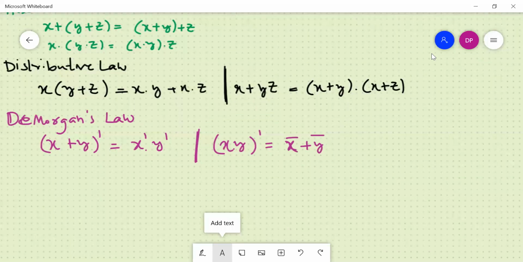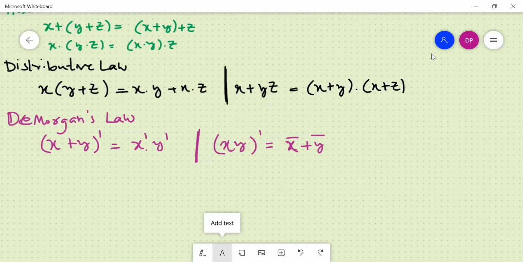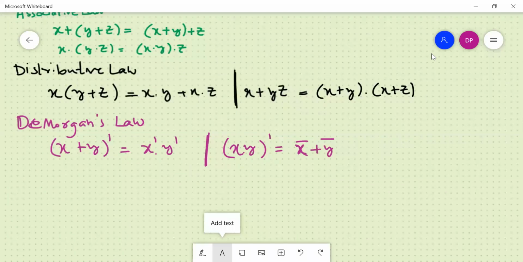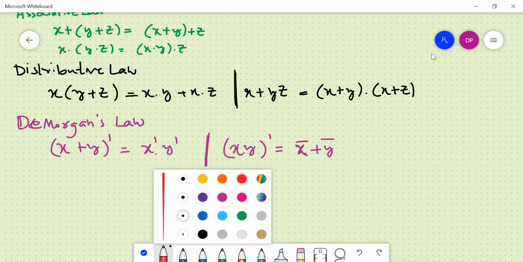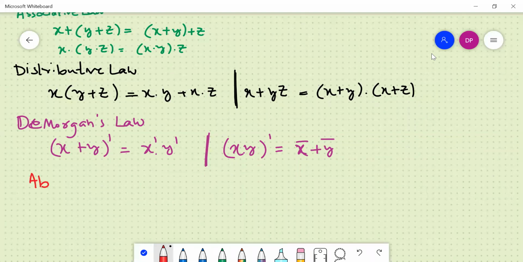Another thing to remember is absorption. If we write X or with X and Y, or I can write X Y, what will be the answer?